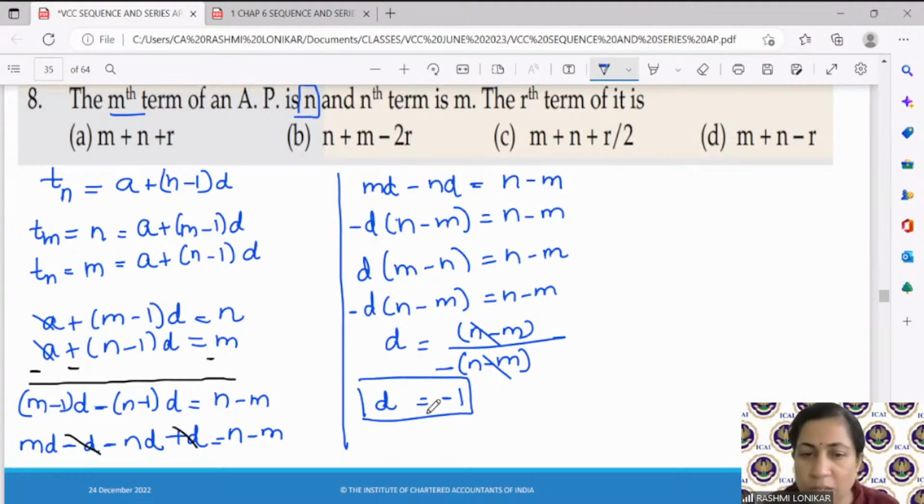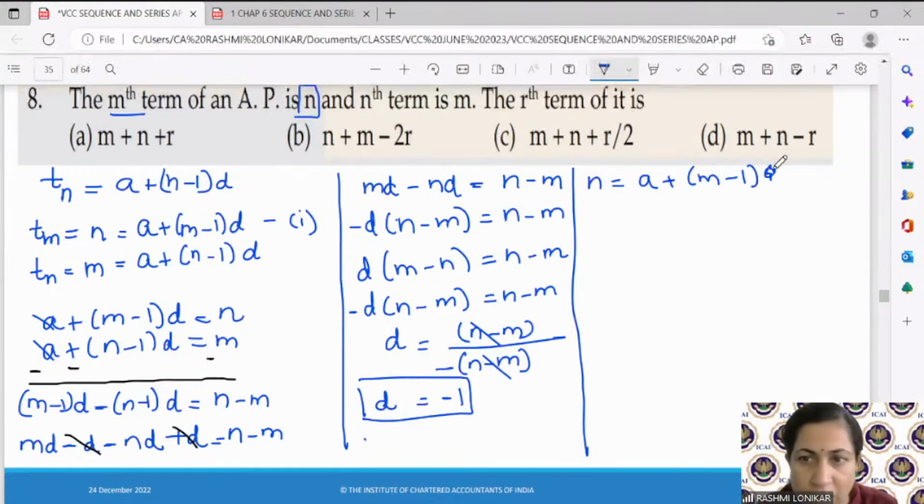Now I know d. I can find out a. Let me take this first equation. So what do I have? n is equal to a plus m minus 1 into d. d is how much? Minus 1. So a plus m minus 1 into minus 1.